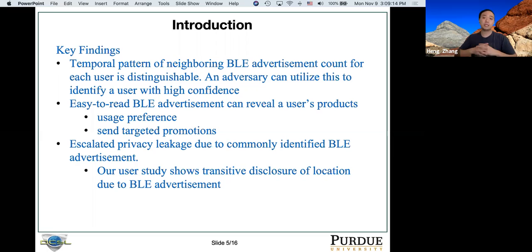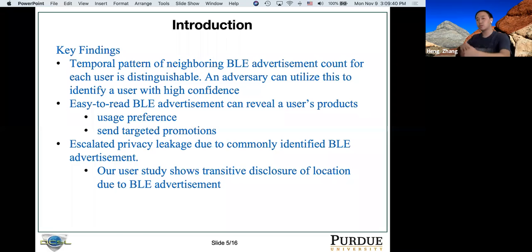And the third finding is that privacy leakage, specifically location privacy leakage, can be escalated with some cross-validation of BLE traces. In our user study, we found that among 5 users, at some time, one of the BLE advertisements was common to their traces at a similar time.